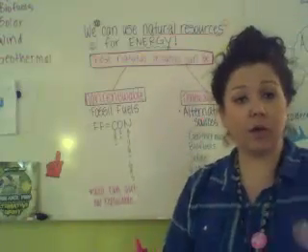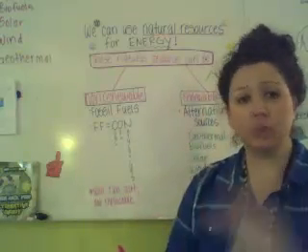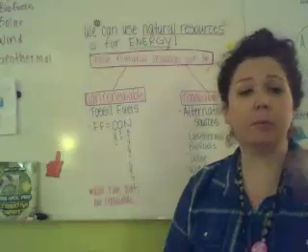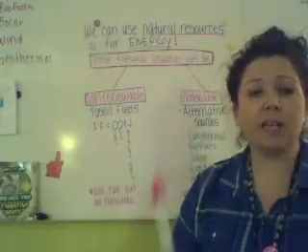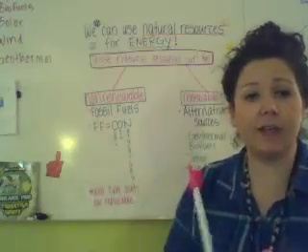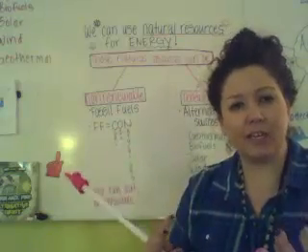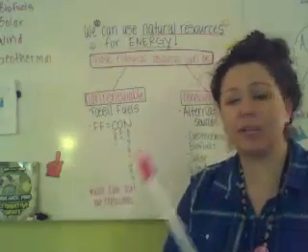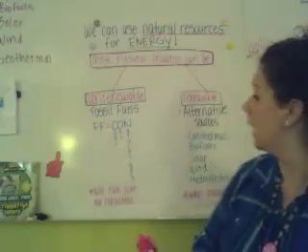Our 5 forms of alternative energy, wind, solar, hydroelectric, geothermal, and biofuels, are all considered renewable energy sources because they're pretty much constantly there. We're not going to really run out of them. They're constantly being replaced, okay? It's that time period. It's a quick time period, whereas fossil fuels take a long time period to remake.